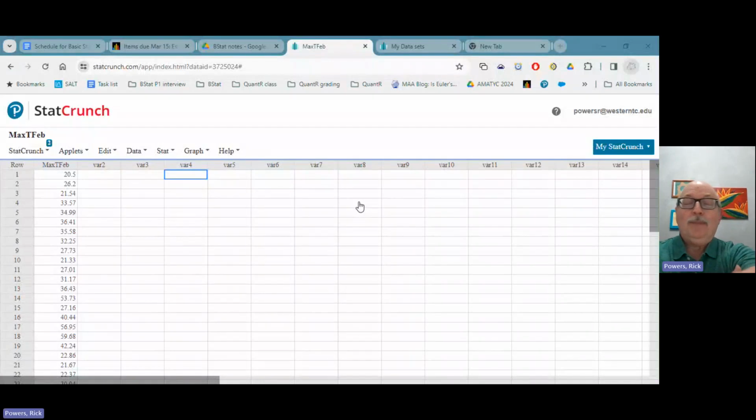Here's StatCrunch. And so what are we going to do with this? We're going to analyze a data set, and what we have is temperature measurements of days in February, the maximum temperature for the 28 days of February. When we analyze data, the specific tools that we have work when we know that the population is bell-shaped.